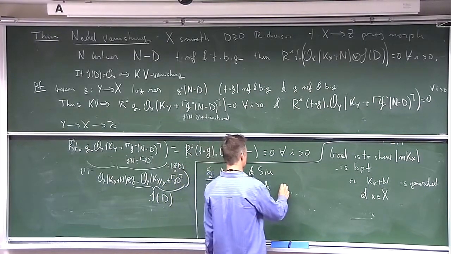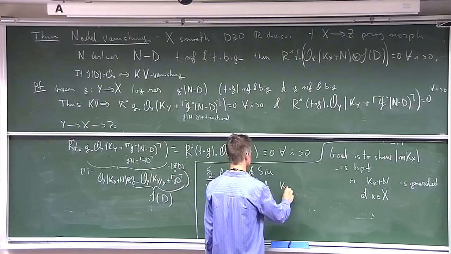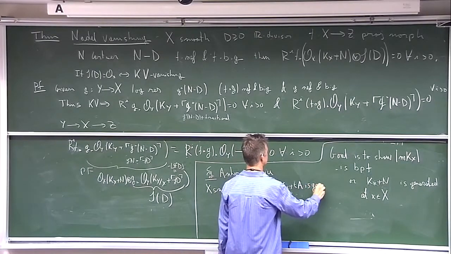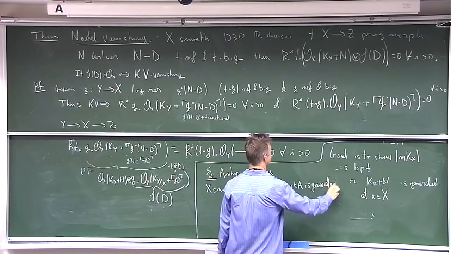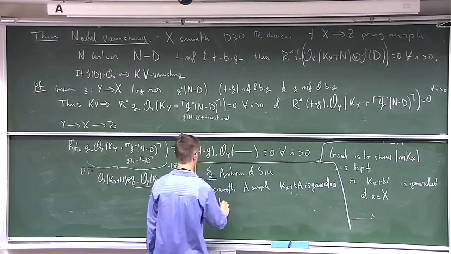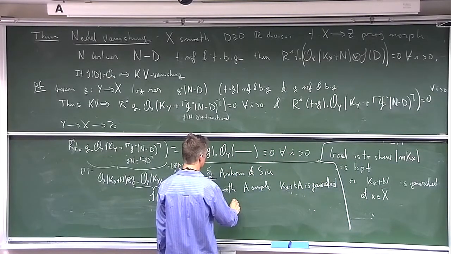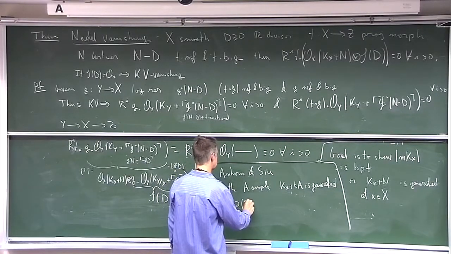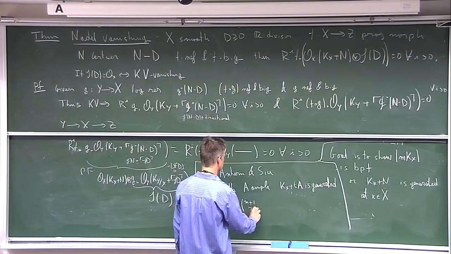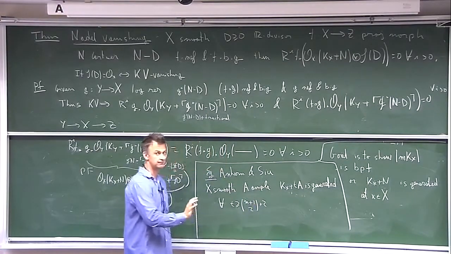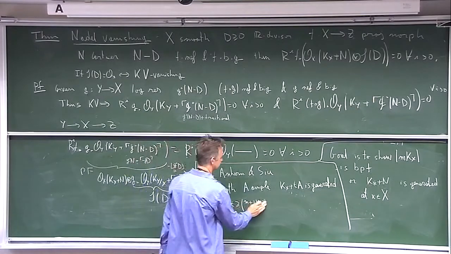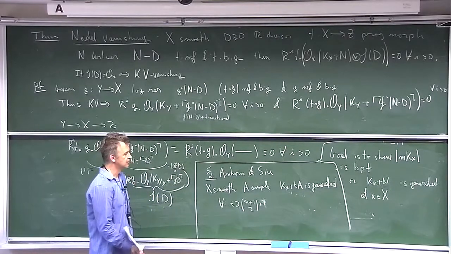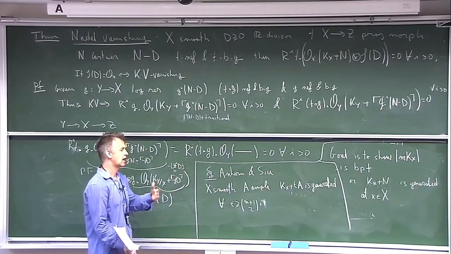Then K_X plus tA is generated, is base point free, for every integer t greater or equal to, okay, let me play it just slightly safe, (n+1 choose 2) plus 2, it might just be plus 1. Plus 1 should be enough. Okay? So how would one prove such a thing?